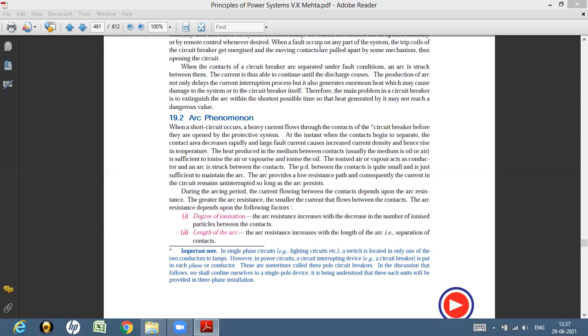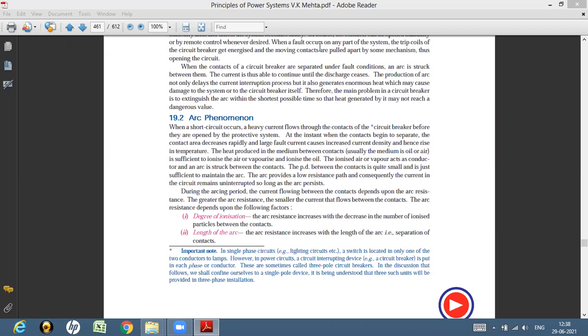We know that resistance means opposition to the flow of current. If there is high resistance, there is low current, and vice versa. If resistance is low, then current will be high. So if the resistance is high, a low current flows between the two contacts, and that helps to quench the arc.